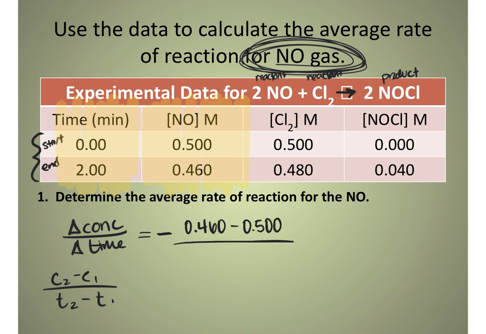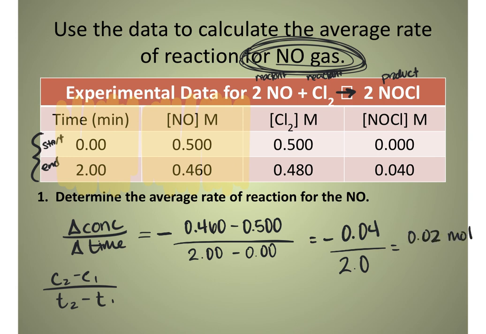I'm going to put that over my change in time, 2 minutes minus 0 minutes. This forms negative 0.04 over 2.0, which equates to 0.02 moles per liter per minute, okay?